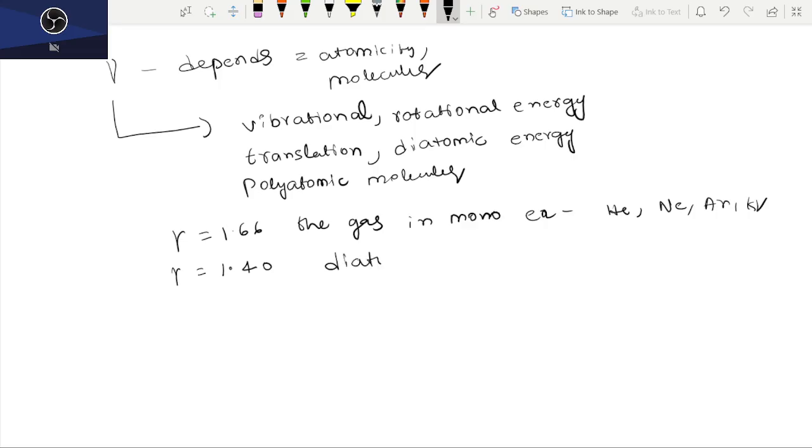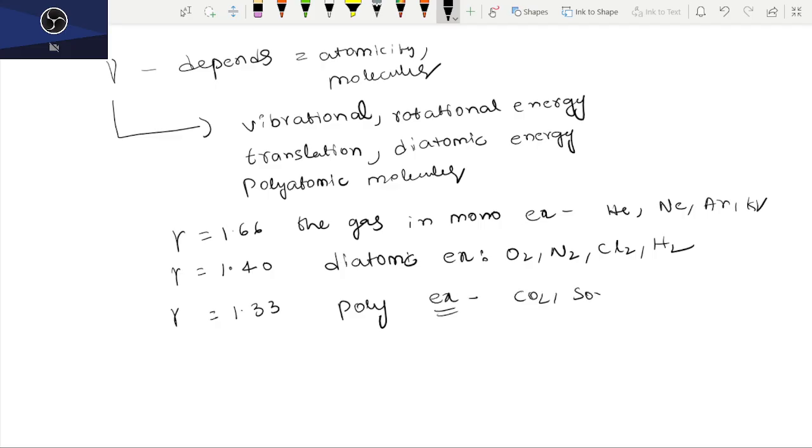Examples of diatomic structures: oxygen, nitrogen, chlorine, hydrogen, etc. The value 1.33 is for polyatomic structures. Examples of polyatomic structures are CO2, SO2, K2O2, and O3.